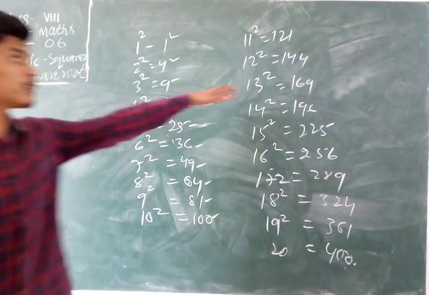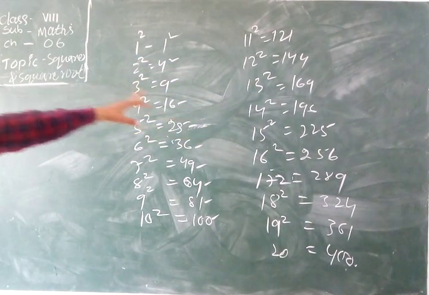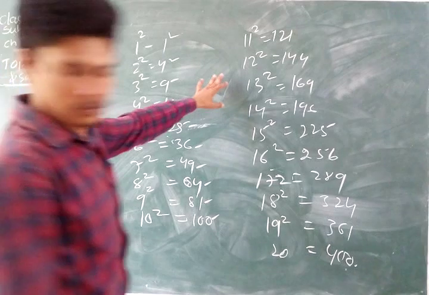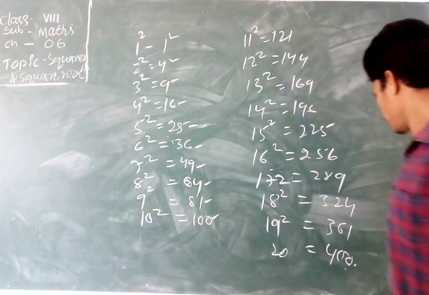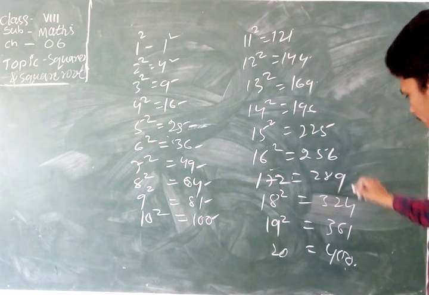See all the square numbers. What are the unit digits here? You observe the unit digits: 1, 4, 9, 6, 5, 6, 9, 4, 1, 0.